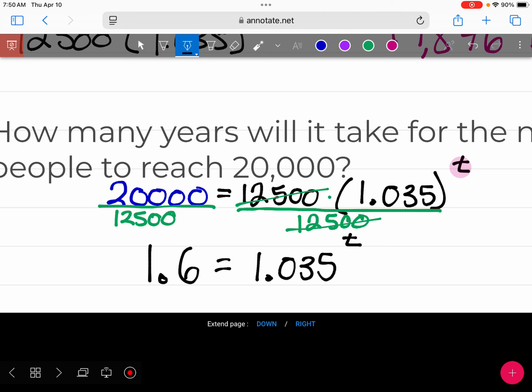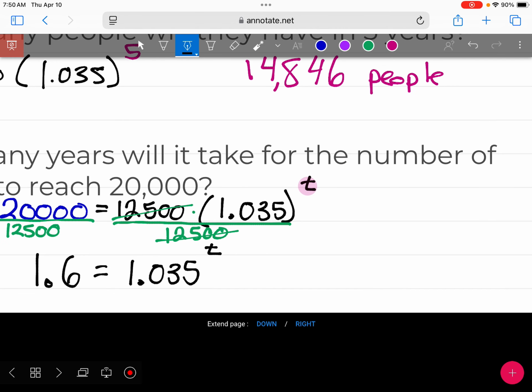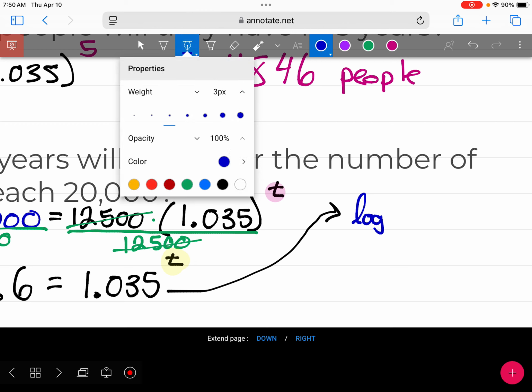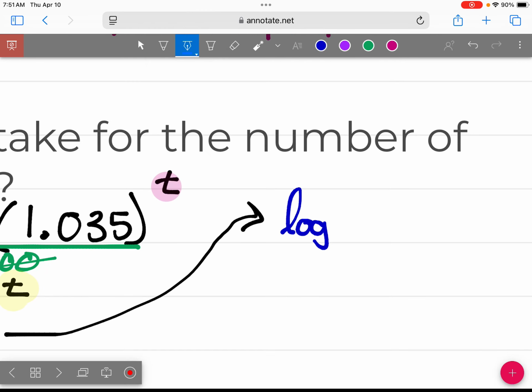What can we do here? We need to switch its form. It is currently in exponential form, so we need it to be in log form. How would we write this as a log? It's going to be log, what base? 1.035, which is kind of icky for a base, but whatever.